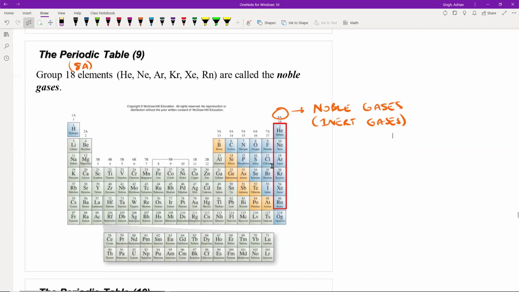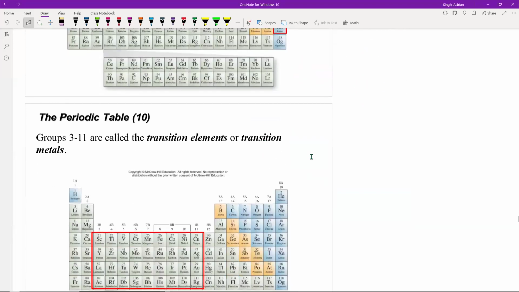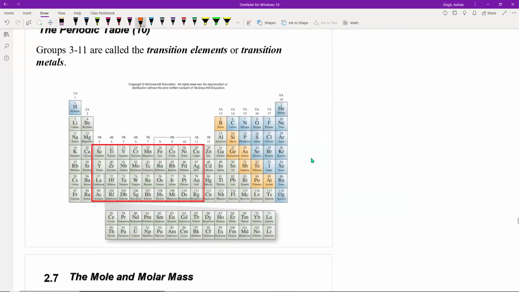So we did talk also about the fact that the very middle portion of the table, that these are numbered here with the B numbering system, we collectively refer to these as transition metals or transition elements.